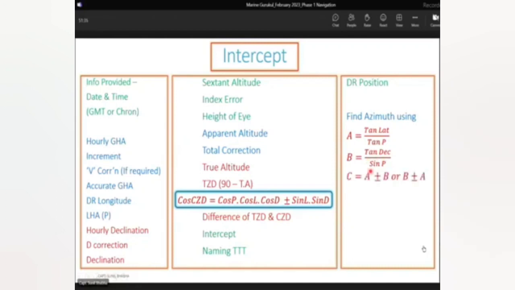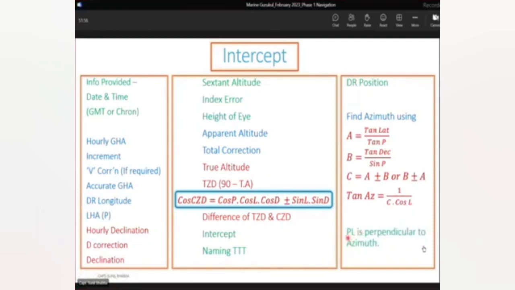And once these are obtained, combining them together, A plus minus B or B plus minus A will give you the value of C, which is used in this formula. Tan azimuth is equal to 1 by C into cos latitude, giving you the azimuth of the body.